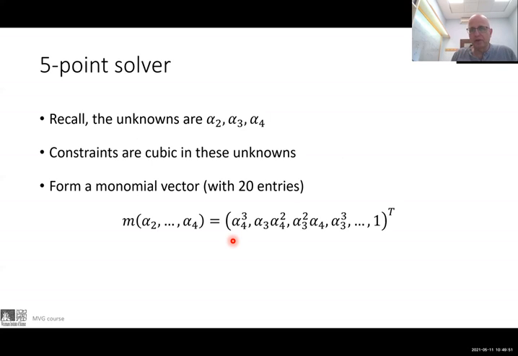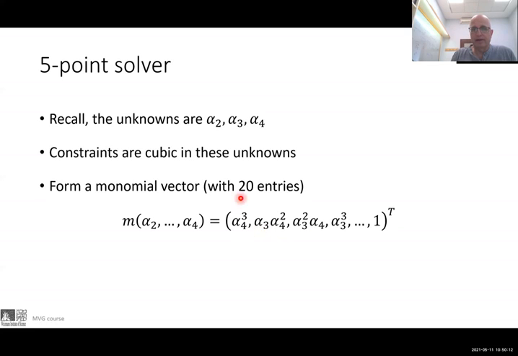So what we are going to do is build a monomial vector. The monomial vector will contain our unknowns, alpha 2, alpha 3, and alpha 4, up to cubic order.